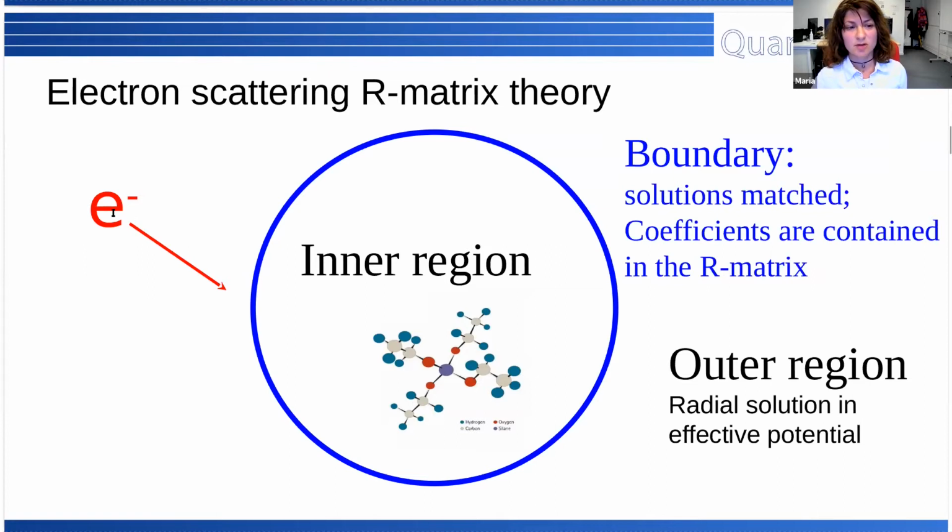When the incoming electron is far away, in the so-called outer region, you may use just an approximate radial solution in the effective potential. The two solutions in the inner and outer region are then matched at the boundaries. And the matrix of the coefficients is called the R-matrix, hence the name of the method.